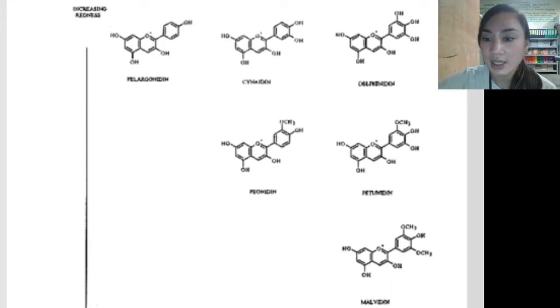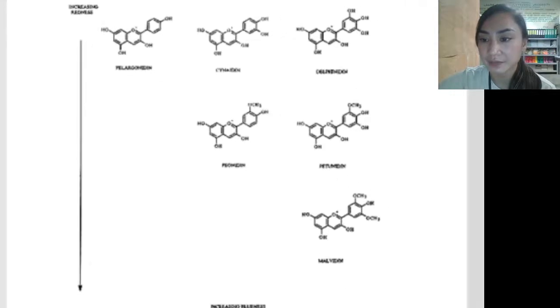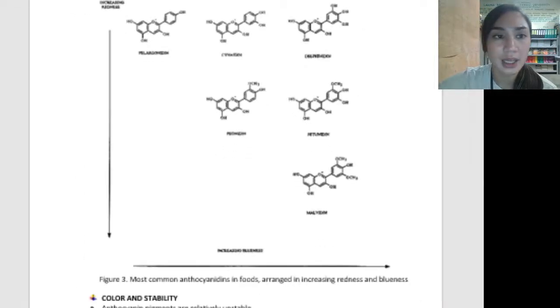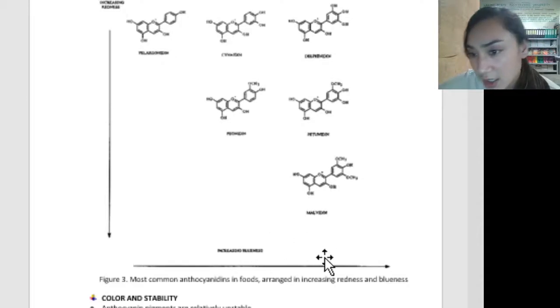Okay, we have the X and Y axis here. So, ito yung X-axis, Y-axis. So, dito is increasing blueness.